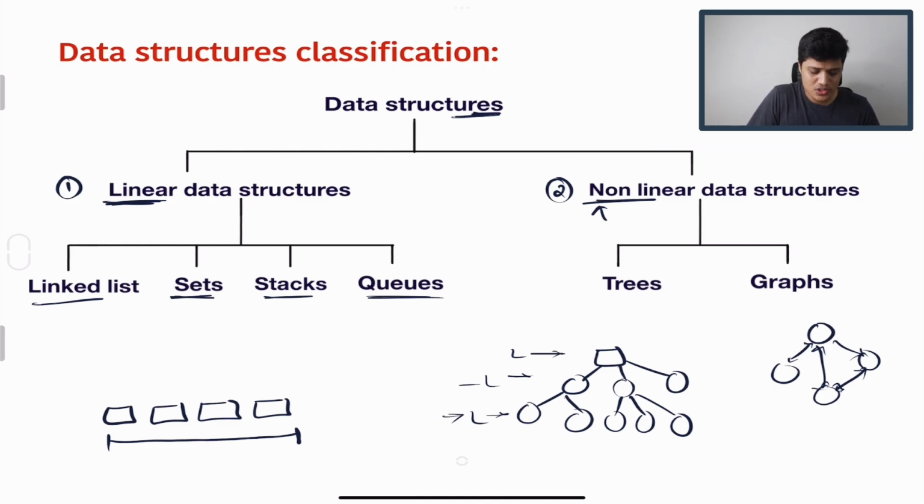When it comes to set, set basically allows all the properties of linked list, with the removal of having duplicate values in it. Just remember that whenever we speak about the set data structure, there will not be any duplicates allowed inside it.